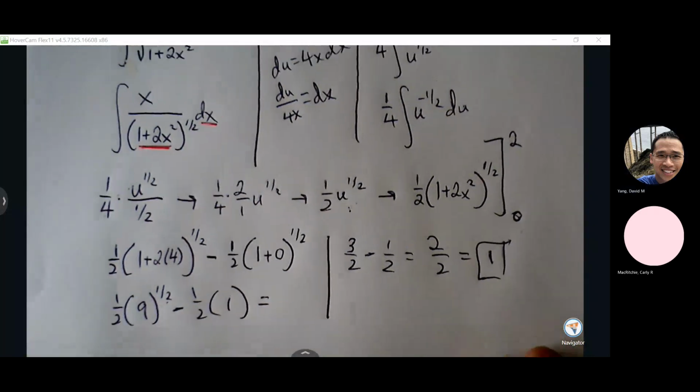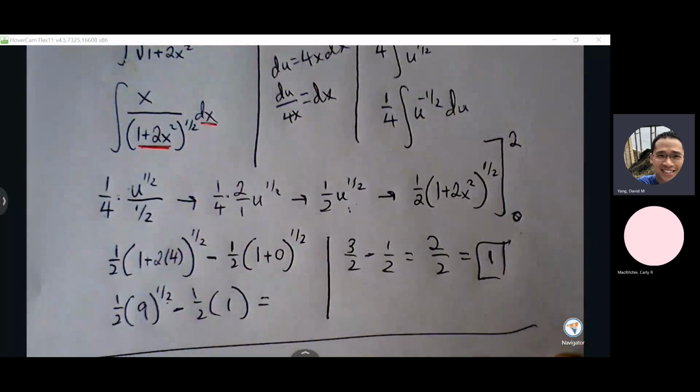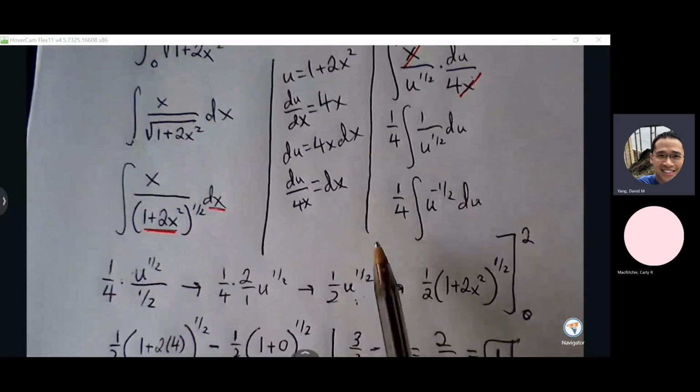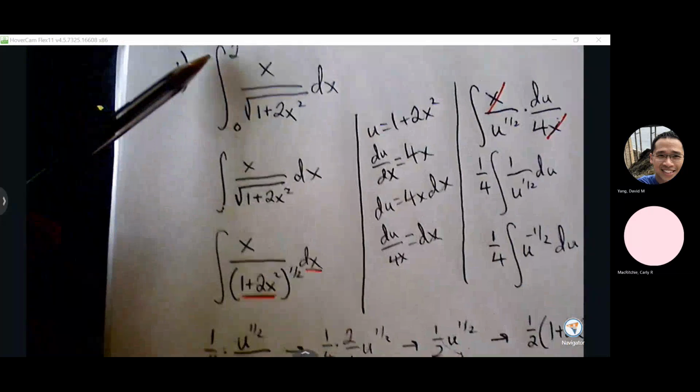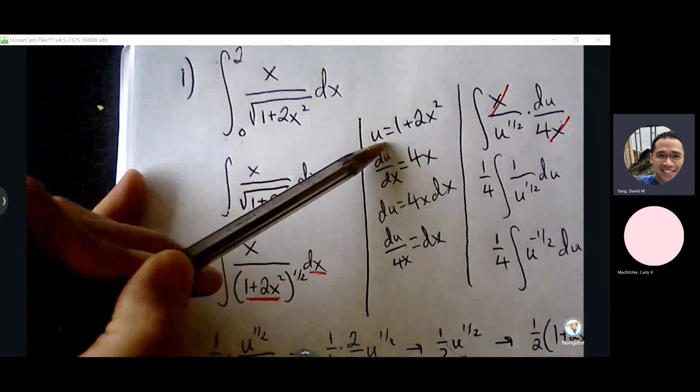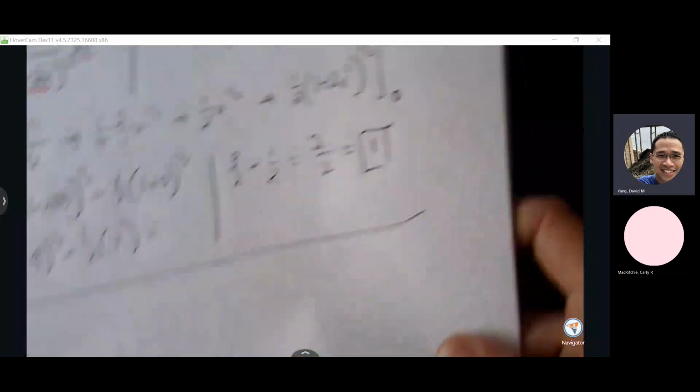The other option, which you don't have to do if you don't want to, but I want to show you, is we can use this 1/2 u to the 1/2 and then just work the bounds in terms of u and work it from that perspective.